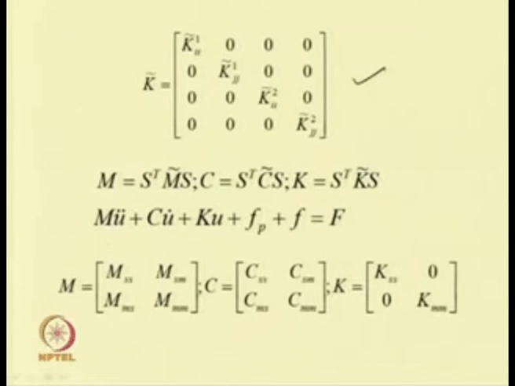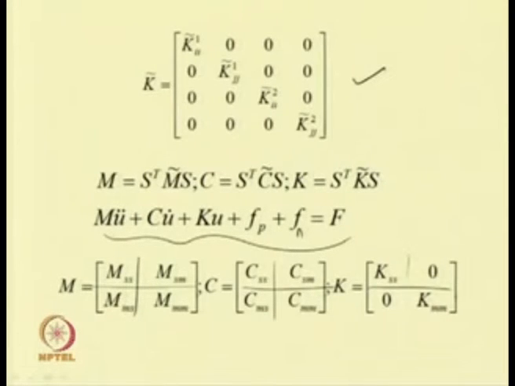So our equation reduced to this form, that is M u double dot plus C u dot plus K u plus Fe plus Fn equal to F. After it is reduced to this form, one can write this, where M equals MSS and MSM. This is similar to the dynamic substructuring that we have studied here.